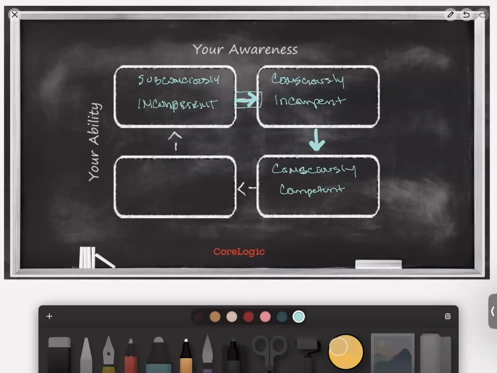I've just become aware that I am not as good at X as I thought I might have been because of something I've read, something I've done, something I've seen. So now I'm going to practice that trade, right? I'm going to get more information. I'm going to learn how I need to adjust and how I need to redirect or recalibrate how I do things. And I'm going to work towards that until I can see that I've changed that behavior, right? And become consciously competent in whatever it is that I'm working on. That's the third state of mind.